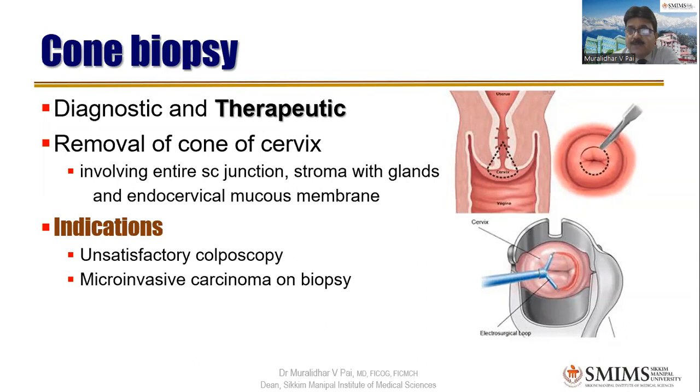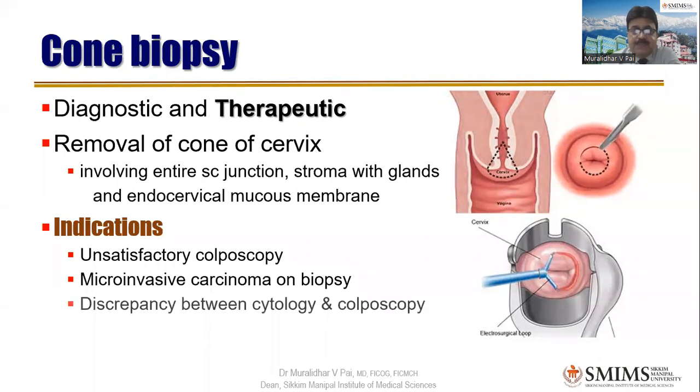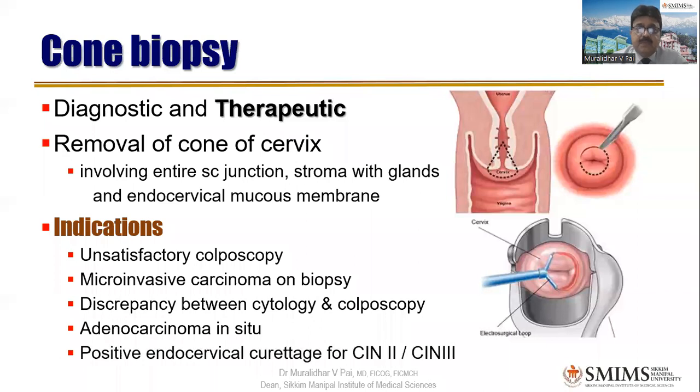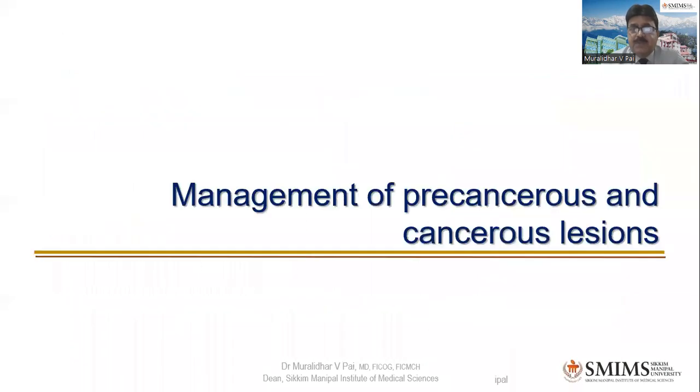Microinvasive carcinoma on biopsy, where you want to reconfirm that it is definitely not invasive. Discrepancy between cytology and colposcopy, where reconfirmation is by cone biopsy. Adenocarcinoma in situ, where this could sometimes be therapeutic as well. Positive endocervical curettage for CIN2 and 3, where the final confirmation is by cone biopsy.